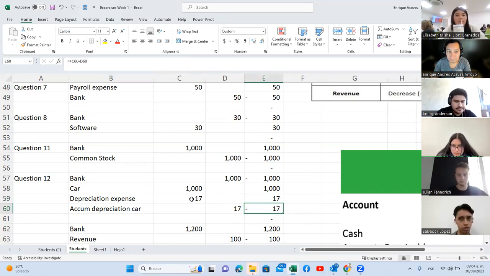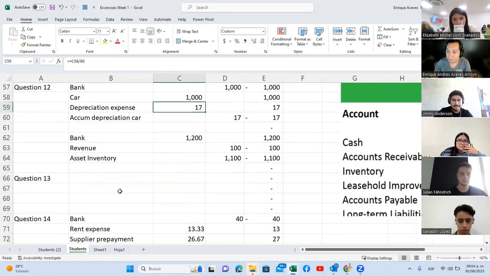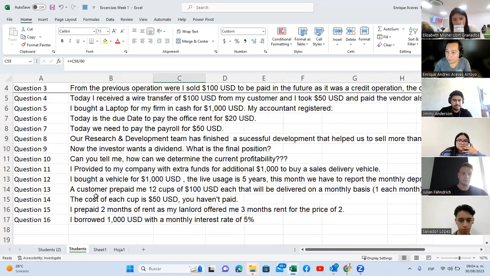Because we divided for the 5 years. If you divide this between 5 years, it would be 200. We're missing something. By the months. By the 5 years, 60 months. Awesome.